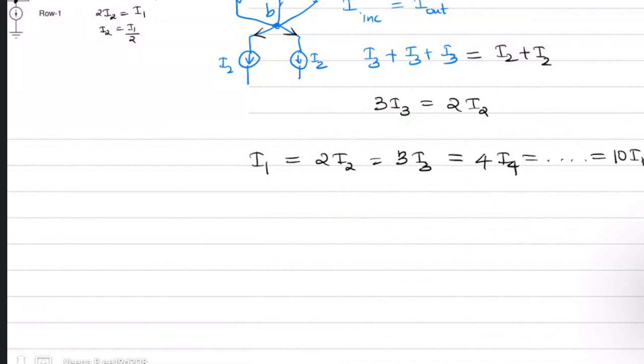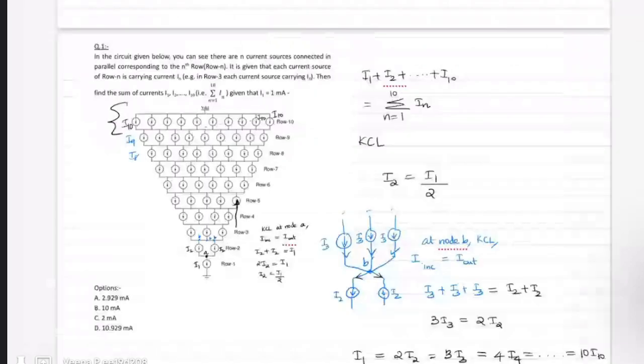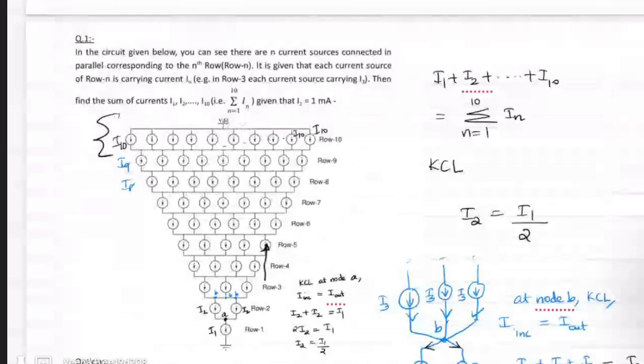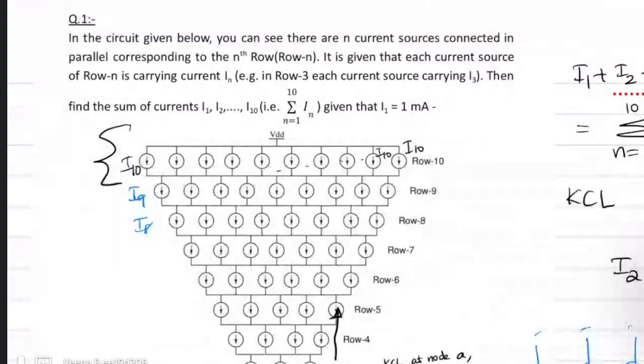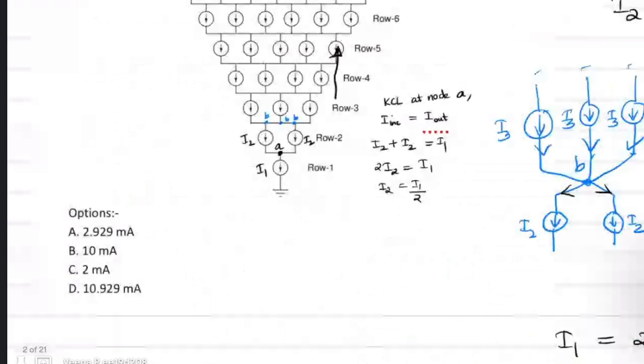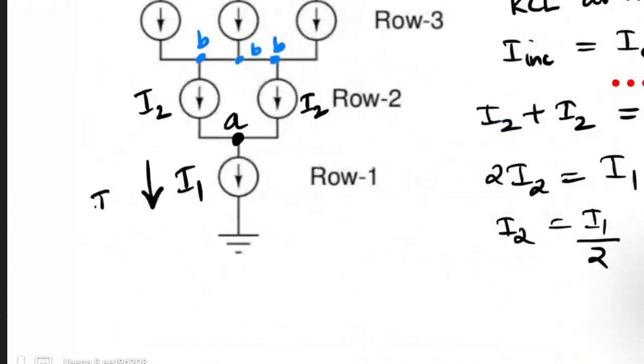That means the currents which are going downwards, this is I10 each, but there are 10 sources. So 10I10 is going downwards. That 10I10 is emerging as I1 here. So I1 can be equated to I2, I3, so on up to I10 using this relation.